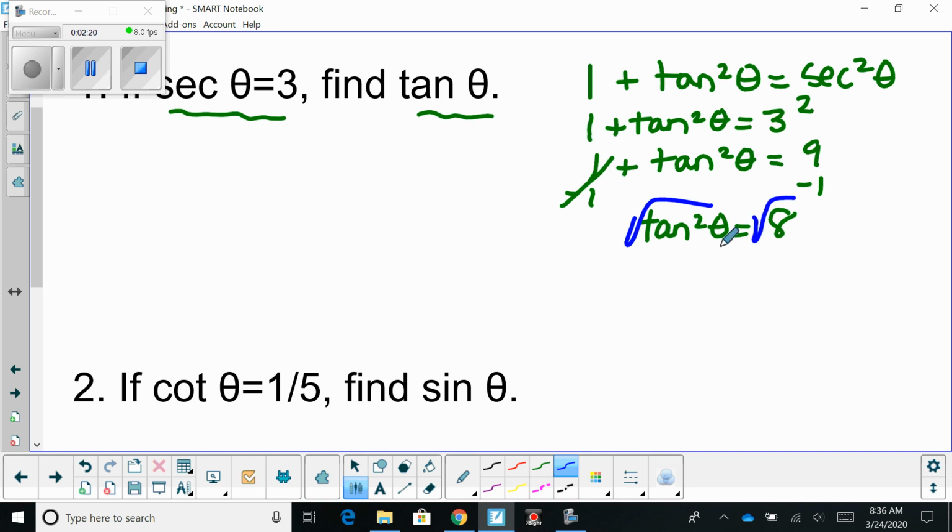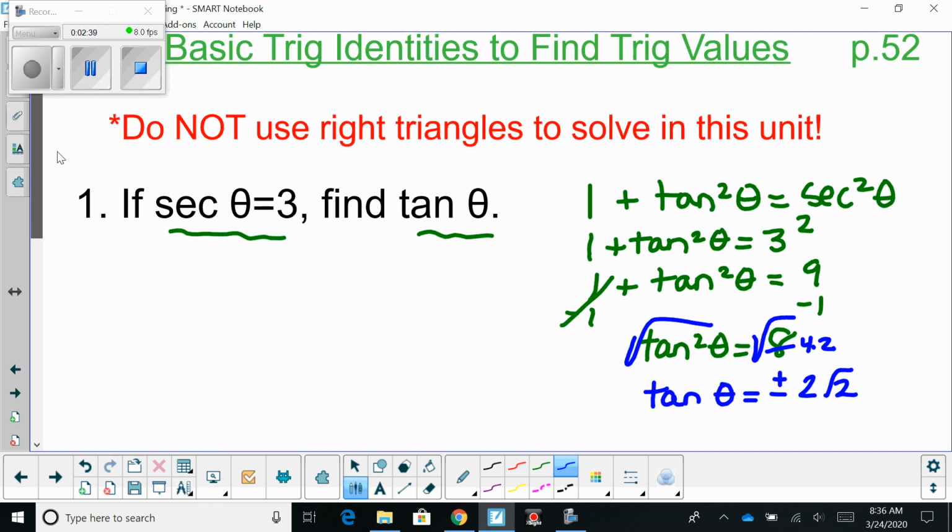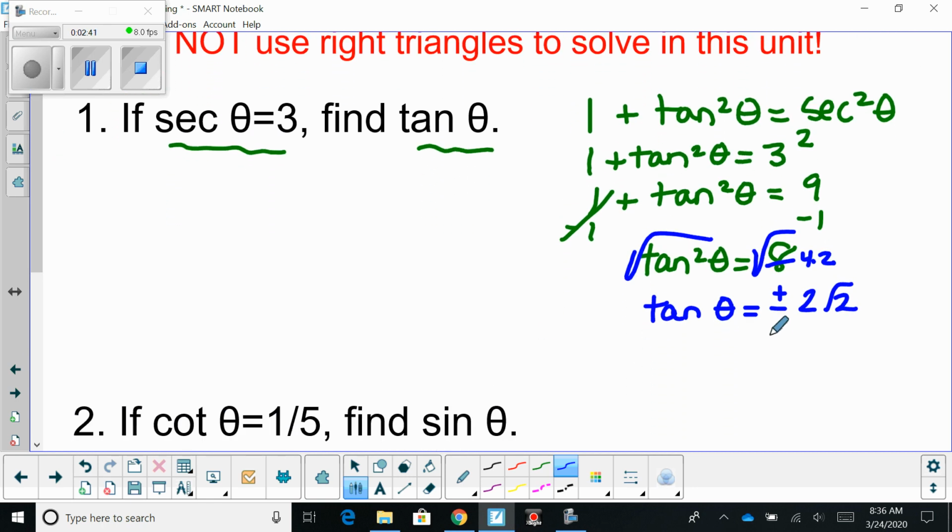Square root of tangent squared will give me just tangent, which is what I'm looking for. And the square root of 8 will give me plus or minus 2 radical 2. Remember, 8 is the same thing as 4 times 2. Sometimes they will say just first quadrant angles, and then you don't have to worry about the plus or minus. But if not, use your plus or minus.